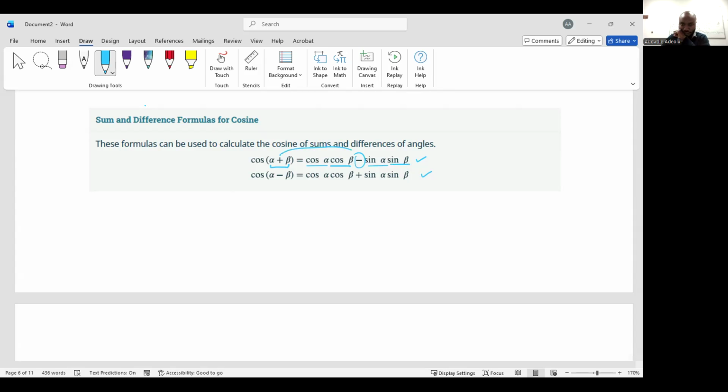Please watch this. For cosine, when it is addition here, here is subtraction. And when it is subtraction here, it is addition. And also notice that for cosine, it is cosine, cosine before sine, sine.